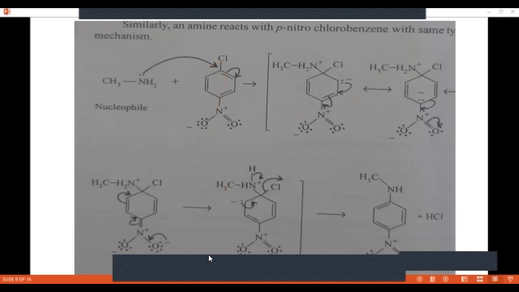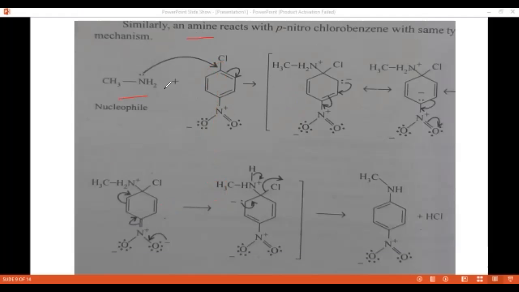Now, similarly, an amine reacts as the nucleophile. Methyl amine reacts with para nitrochlorobenzene with the same type of mechanism. Here the lone pair is present on the nitrogen.